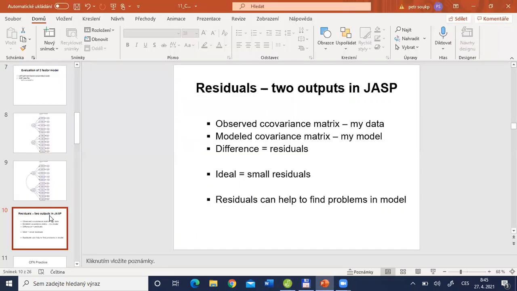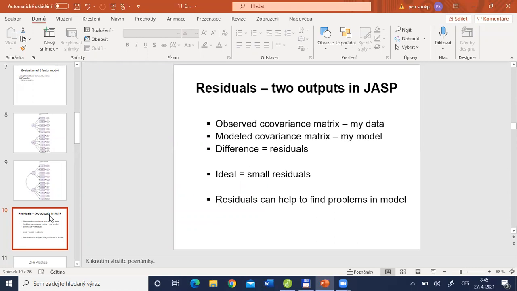I hope that you remember some previous discussion about residuals and their usage for linear regression. Residuals in linear regression can help you to identify outliers. They can help you to identify such phenomena as heteroscedasticity, autocorrelation, etc. And the same style of diagnosis of residuals can help also in structural equation modeling.